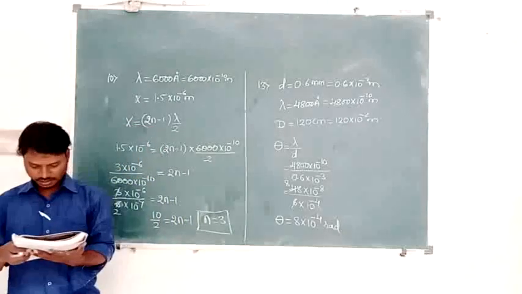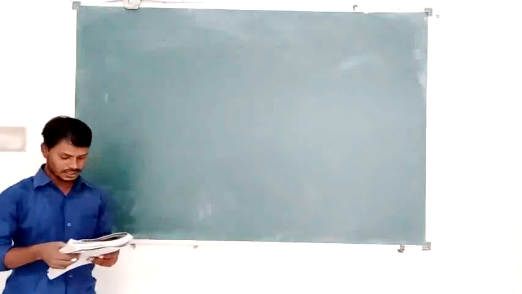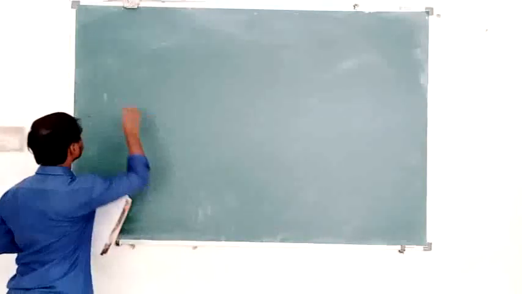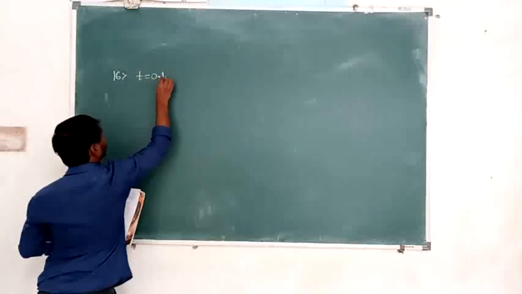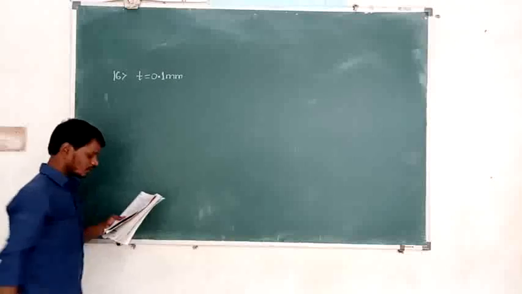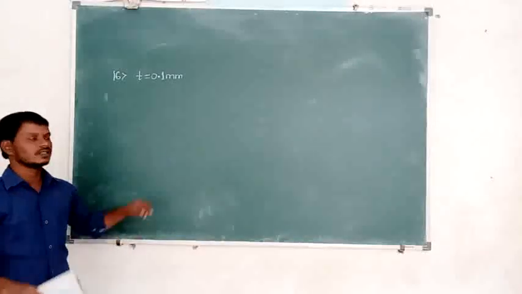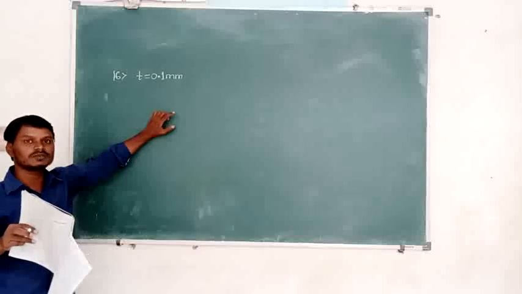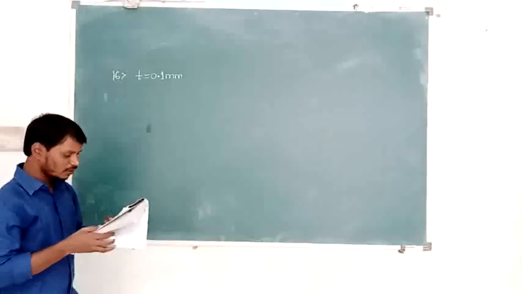Okay. Now let us solve some. So now we are going to discuss the 16th question. What is the 16th question? When a mica plate of thickness 0.1 millimeter is introduced in one of the interfering beams, that is, we place a mica plate of thickness 0.1 millimeter in the path of one of the interfering waves, the central fringe is displaced.